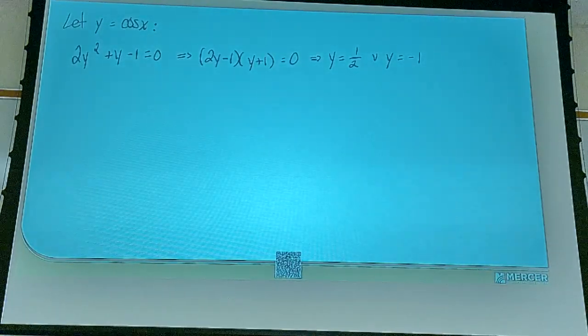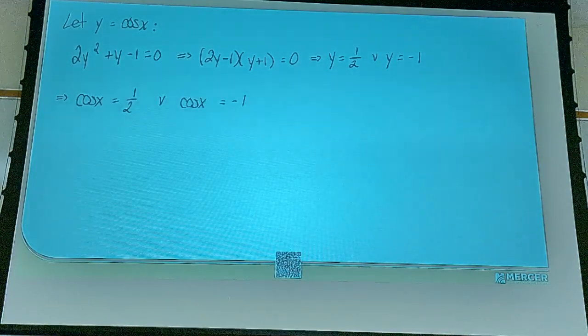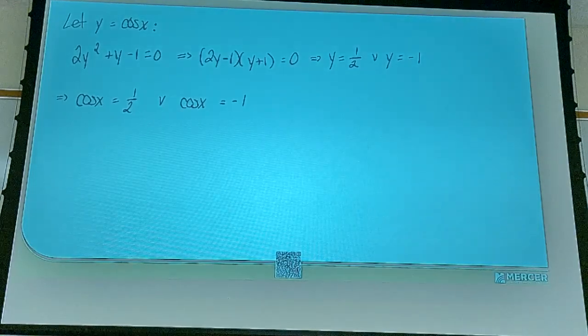Y is either a half or -1. We're going to get cosine of x is a half or cosine of x is -1.